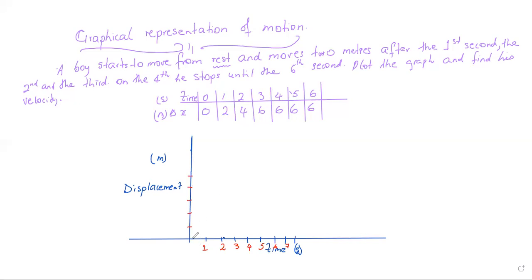Now, for the first one there, at t0, the guy hasn't moved. At t1, the guy has moved 2 meters. At 2, the guy has moved 4.